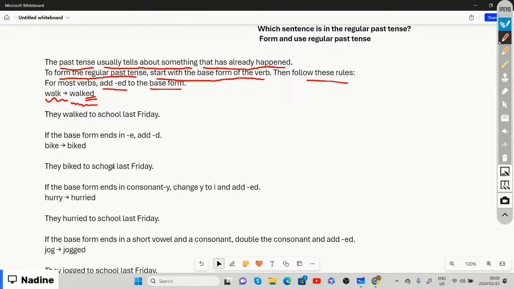And if we think of a few more examples of regular past tense, let's say, for example, jump. Our base form is jump. What is the regular past tense of our word jump? Remember, we add ed to form our regular past tense verb.